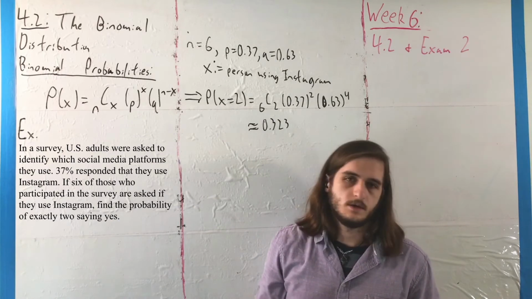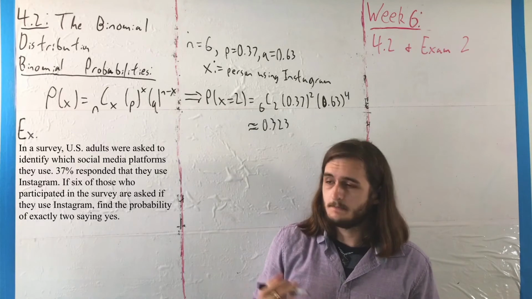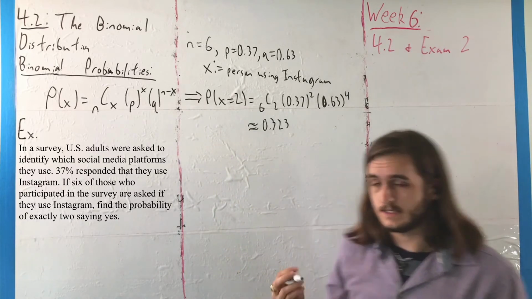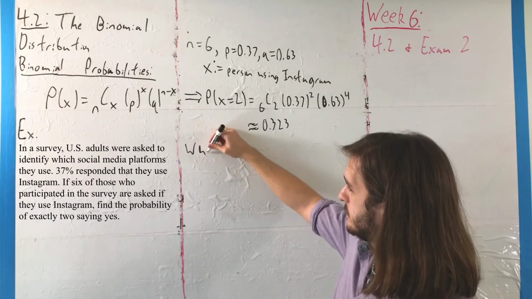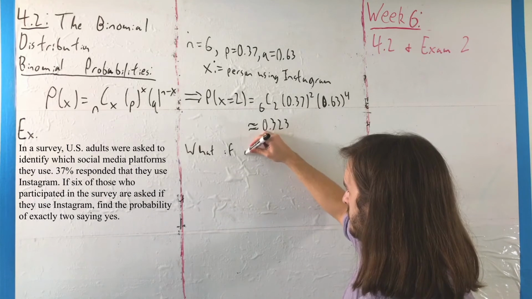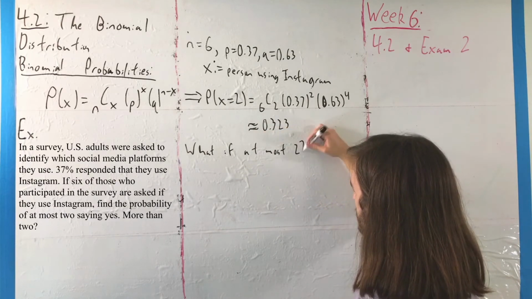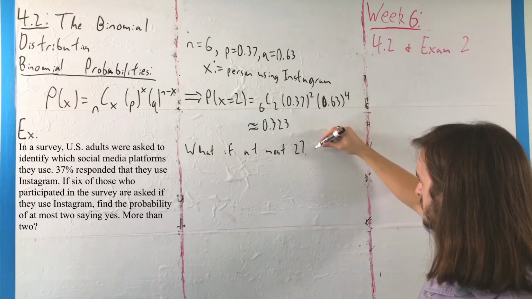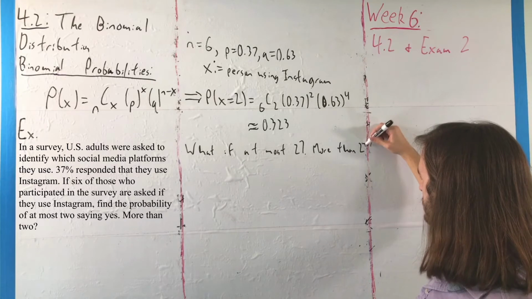But let's say we want to do this with a bit more detail. Let's say that instead of looking for the probability of exactly 2, what if we want at most 2? Or for that matter, more than 2.